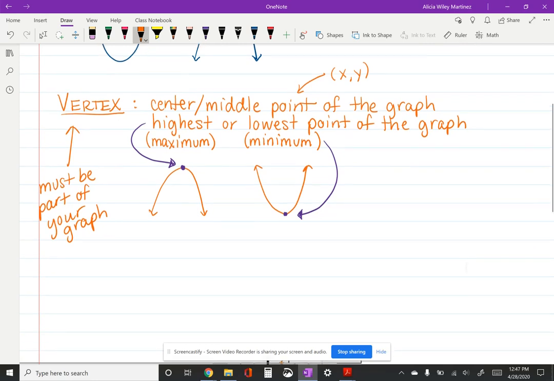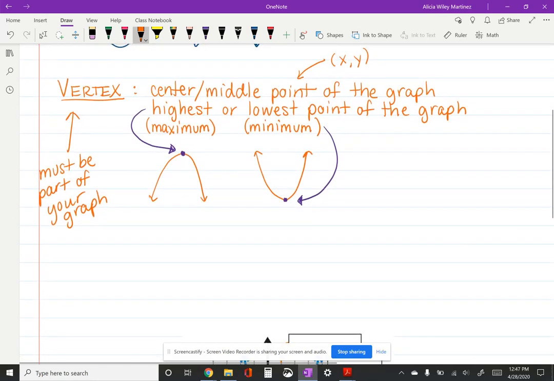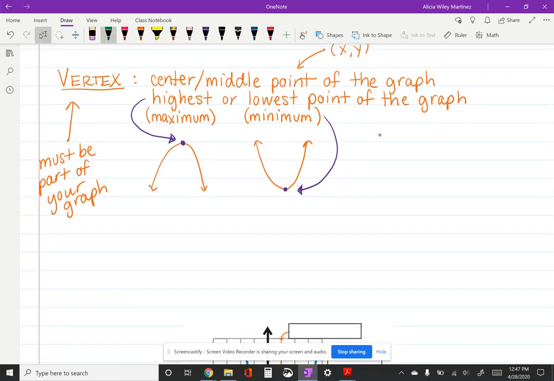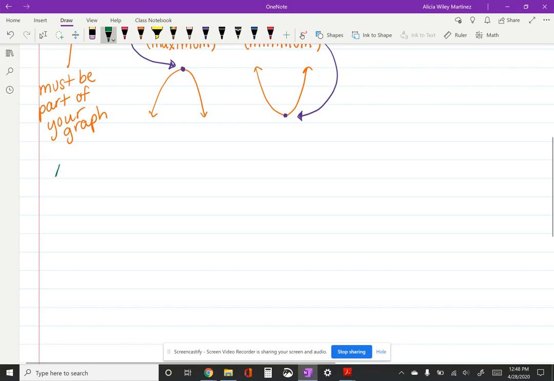Okay? All right, let's move on to the next key part of the graph. The next key part of the graph is what we call the axis of symmetry.